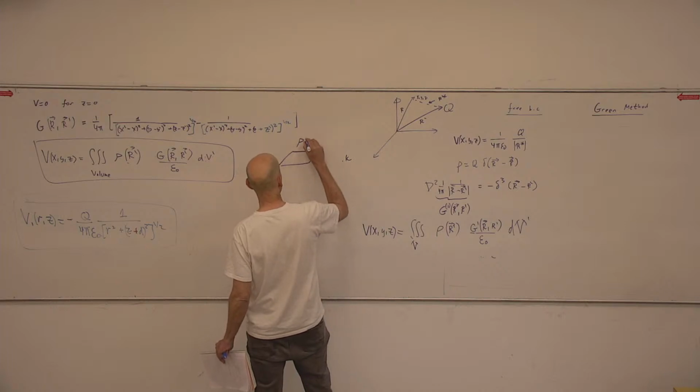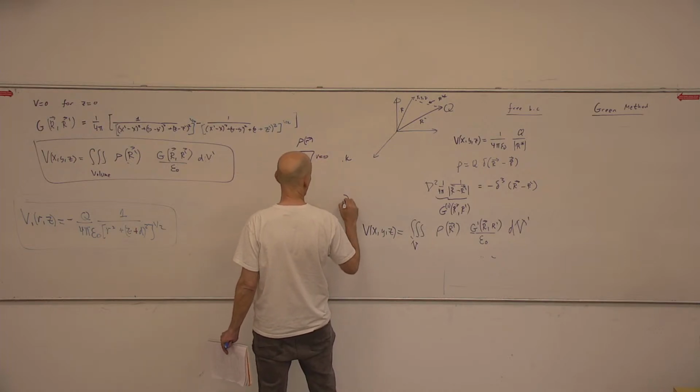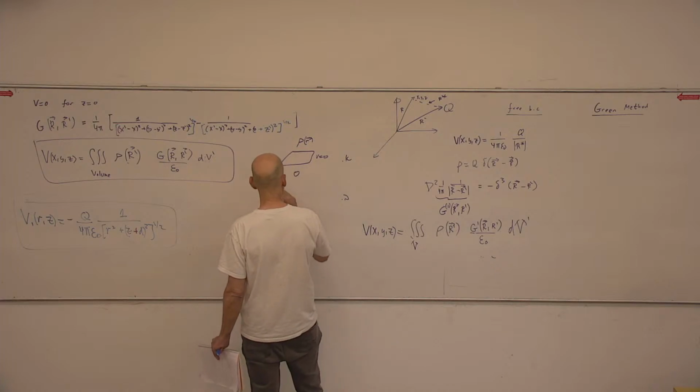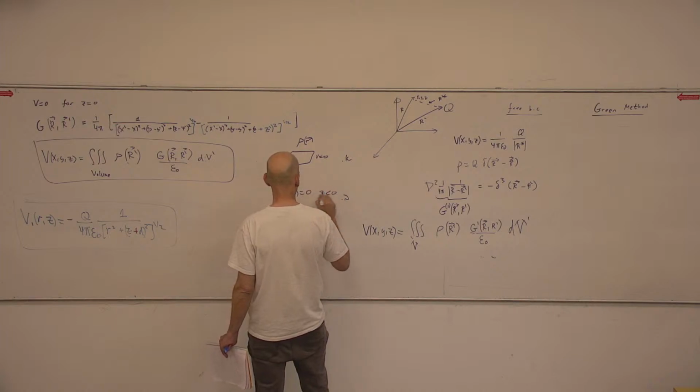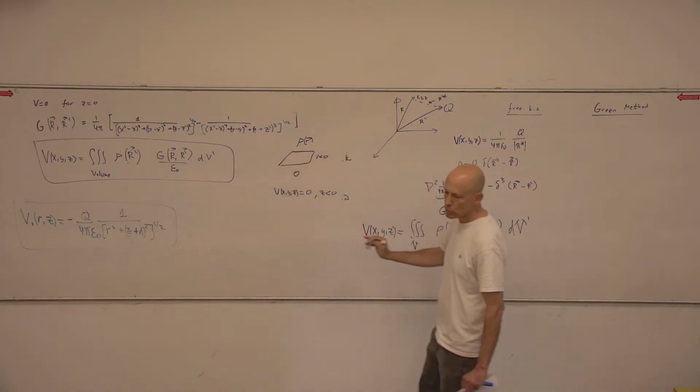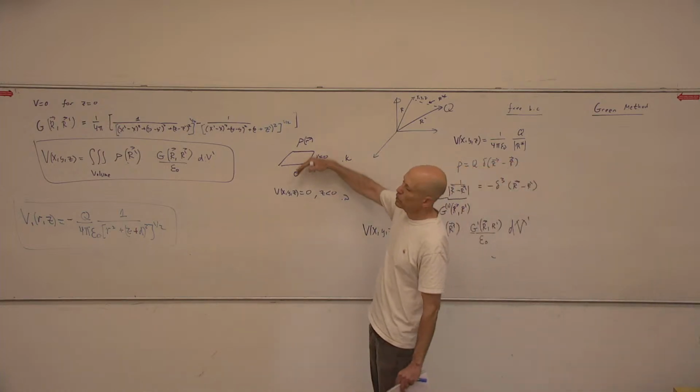Some charge density up here, zero charge density here, V is 0. This is the definition of the problem. The potential V of x, y, z is equal to 0 for z less than 0. This is what we said before. It solves the Laplace equation. We don't need to solve it again. The difficult part is to find the potential up here.